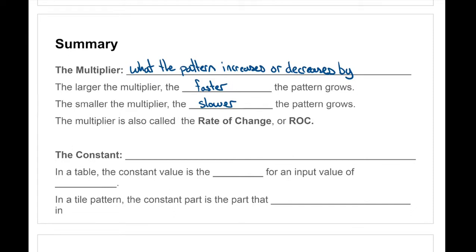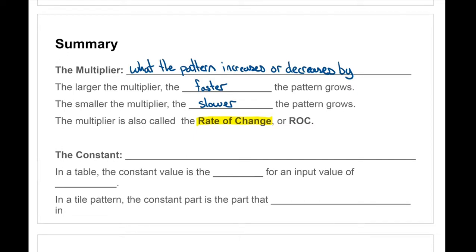If it's a smaller multiplier, we're adding fewer tiles. So it makes sense in terms of how fast it grows. The multiplier is also called the rate of change, or ROC. And we will be looking at multiple terms for this. So multiplier and rate of change are 2 of the terms right away. But again, we will introduce more terms and definitions.